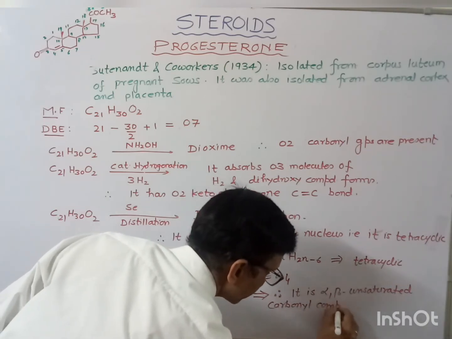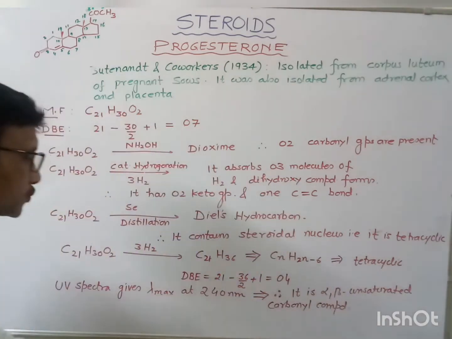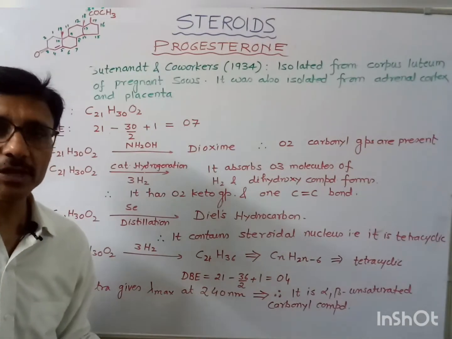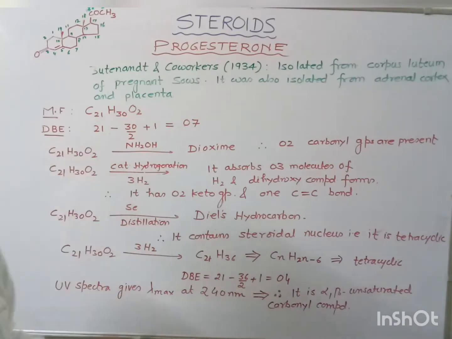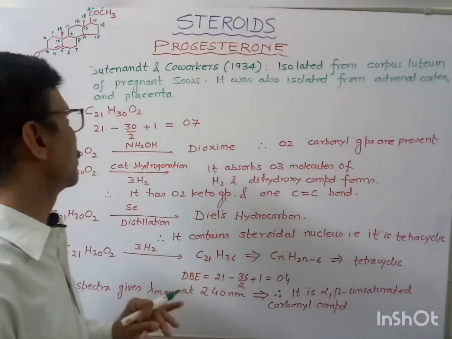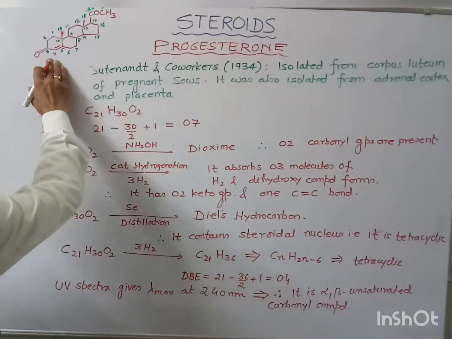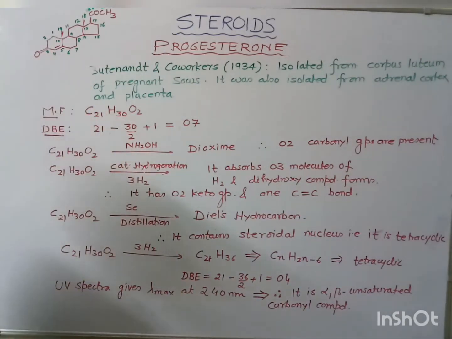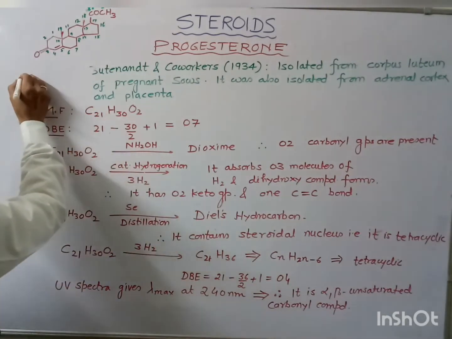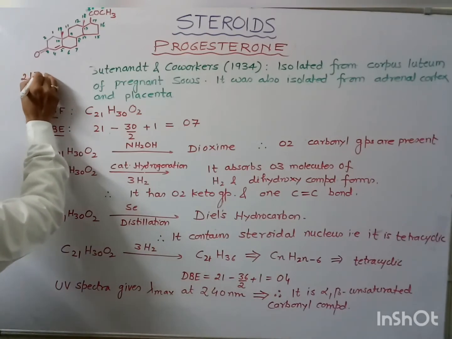So how can we say this? We can also calculate this lambda max by using the Woodward-Fieser rule. By the Woodward-Fieser rule, the base value for this alpha beta unsaturated carbonyl compound is 215 nanometer.